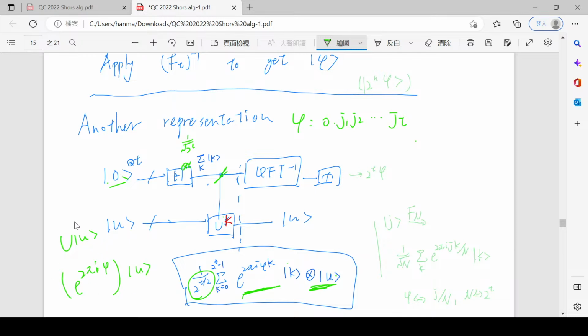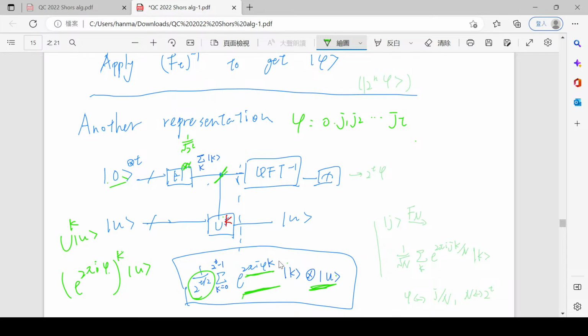If you apply u k times, then by simple linear algebra you keep getting back this small u, so you're just accumulating this factor. Then with basic arithmetic you can multiply the k in, so applying u k times on small u accumulates the phase e to the 2 pi i phi k.